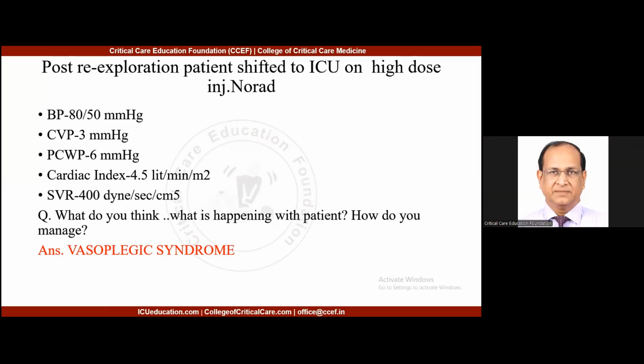What was the heart rate of this patient at this time? Would you have an idea?